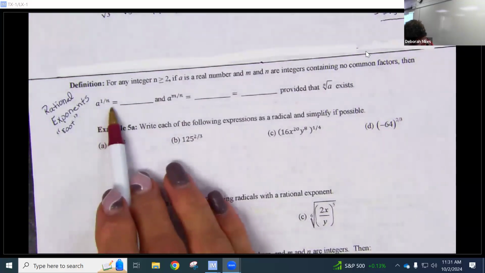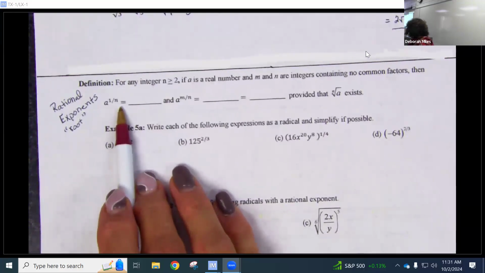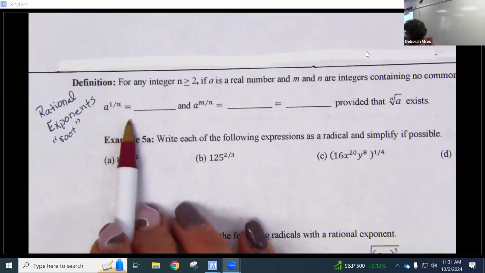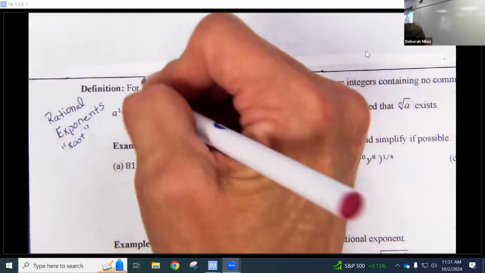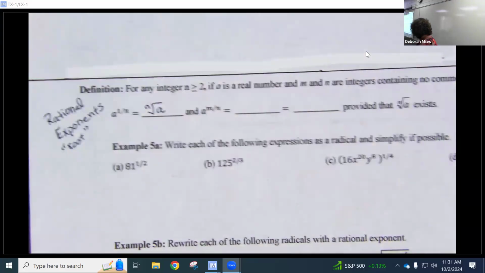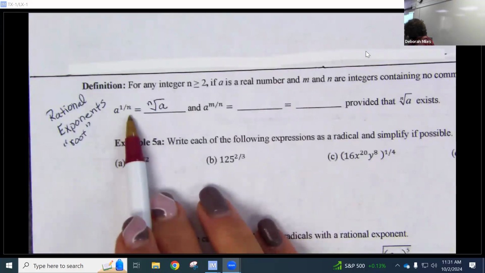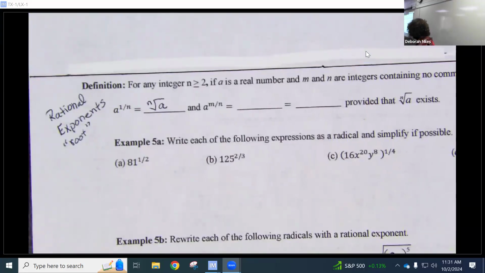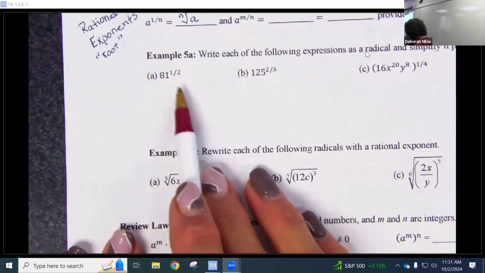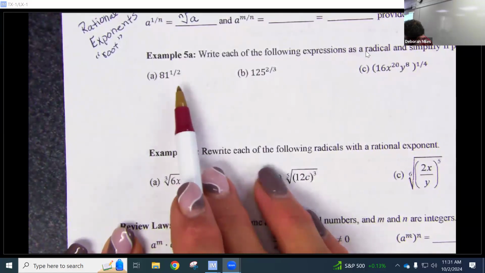And the denominator of that exponent tells you what root you're taking. So a to the 1 over n, if you write that with a radical, it's the nth root of a. Whatever the denominator is, that's the root you're taking. So if I wrote 81 to the 1/2 with a radical, what root would it be?